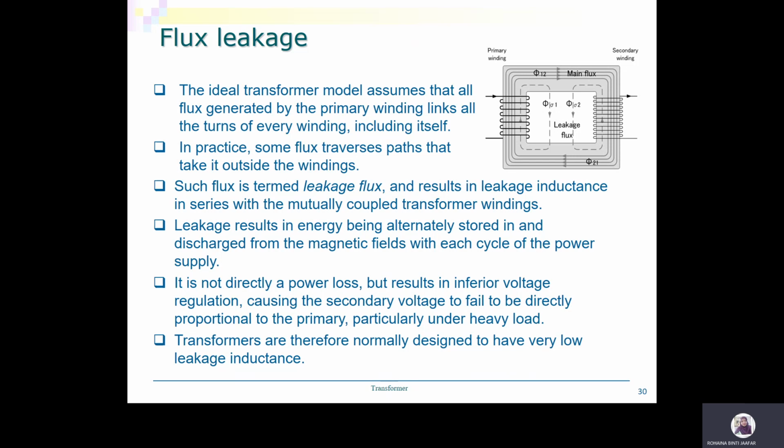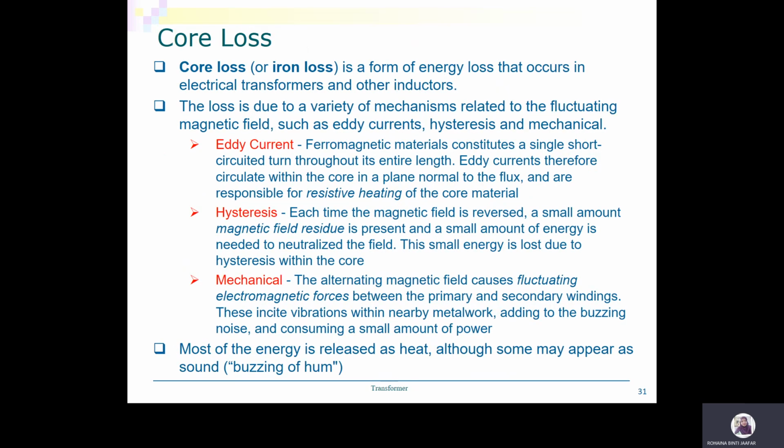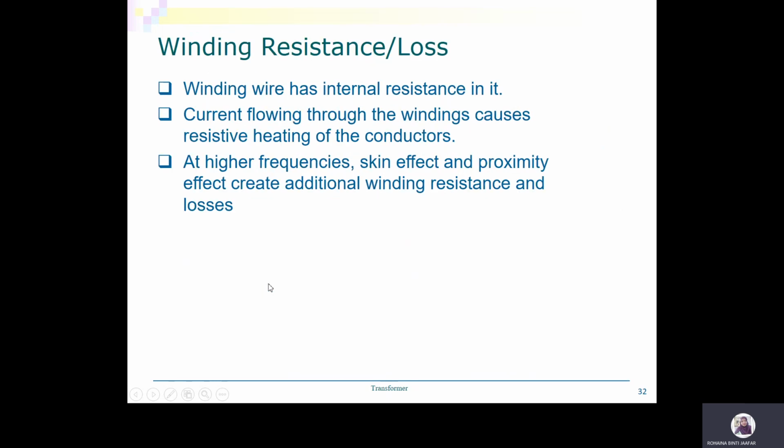This one also covered in the video I already uploaded in YouLearn, which discusses the losses in transformer: flux leakage, core losses. For core losses, it involves three types: eddy current, hysteresis, and mechanical losses. And then winding resistance or winding losses.